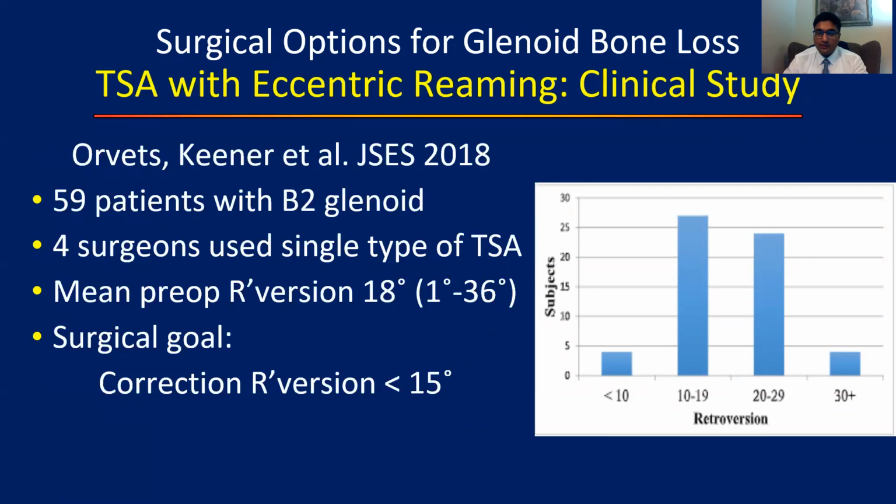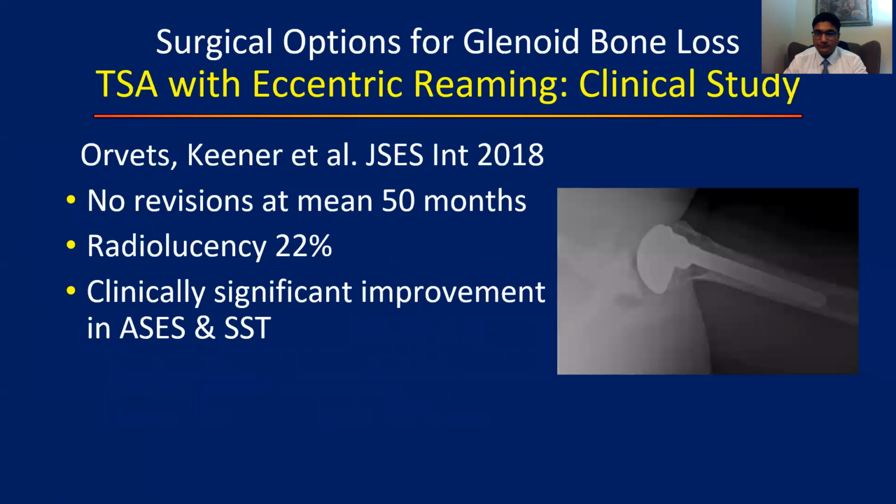Differently from Ho et al., this study had a surgical goal of correction of retroversion to less than 15 degrees. With this approach, they found there were no revisions. There was radiolucency in 22% of the patients, and there was functional improvement in all the patients at the final follow-up.